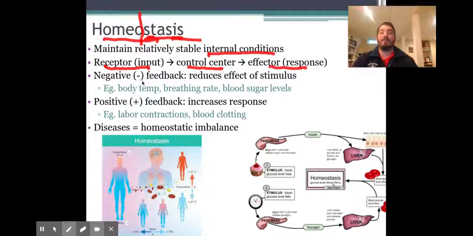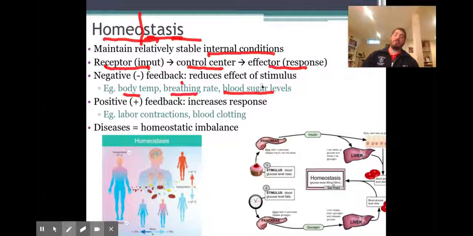We have a negative feedback loop, which reduces the effect of a stimulus. So we have some type of stimulus that happens. If it's a negative feedback loop, it actually reduces it or makes it smaller. So examples would be body temperature, breathing rate, blood sugar levels. So great example, you go to lunch, maybe you're coming in for breakfast, you eat a dozen donuts, right?